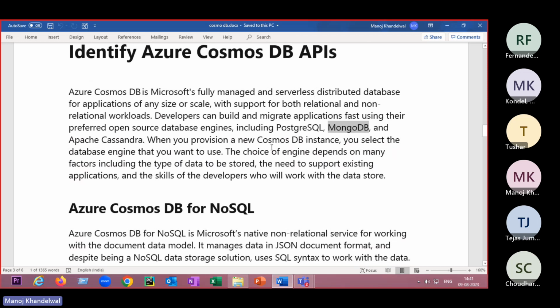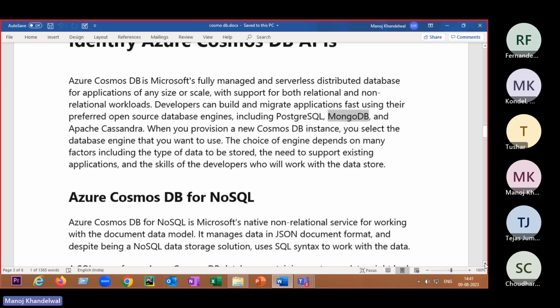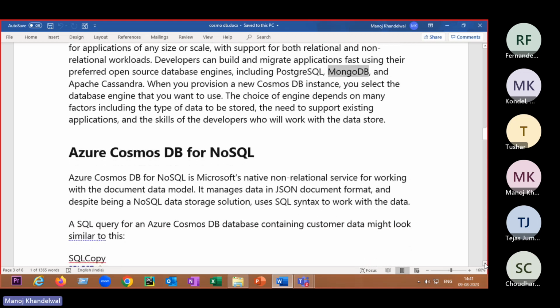So when you provision a new Cosmos DB instance, you select the database engine that you want to use. The choice of engine depends on many factors, including type of data to be stored, the need to support existing applications, and skills of developers who will work with the data store. So this is what we call abstraction. Because there are so many databases and applications available, this gives you an abstraction wherein you can port those applications to the cloud.